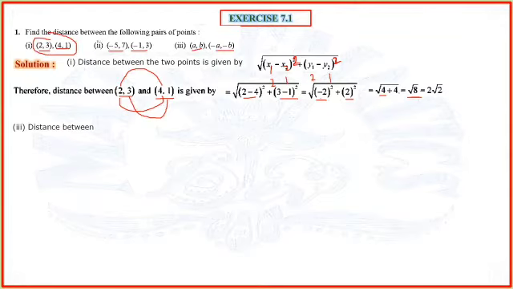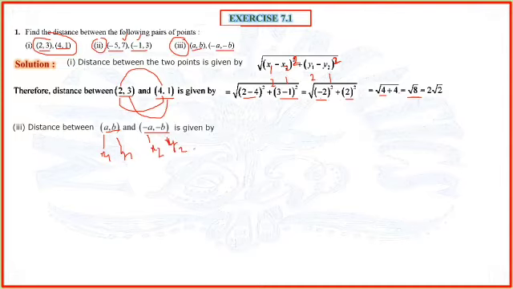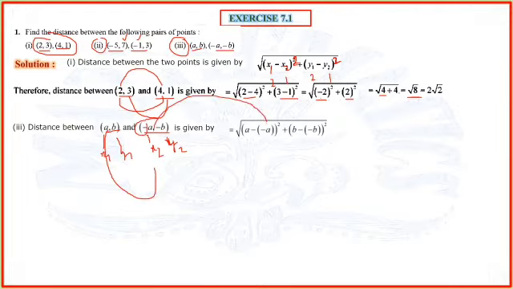Now question number 2 is for you students. You will solve it the same way as question number 1. So I am taking question number 3. The first point is (a, b) and the second is (-a, -b). You can take this as x1, y1, and this as x2, y2. It will be written by that formula: x coordinate a minus, and since the coordinate is negative, we put minus a here.